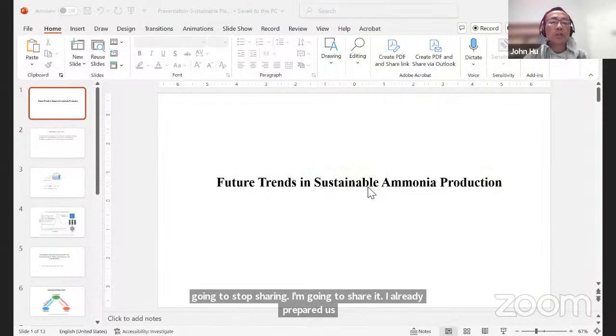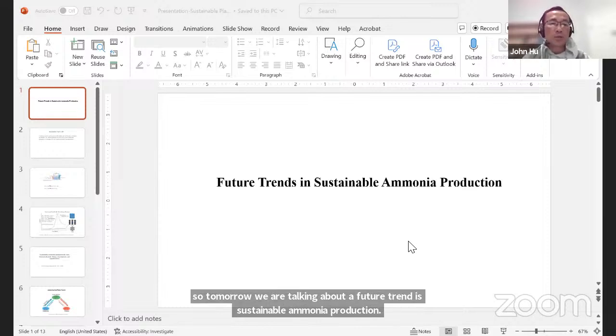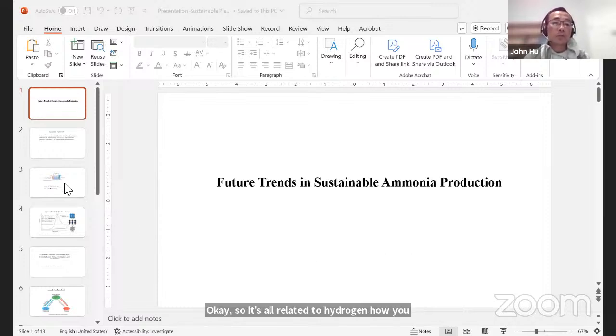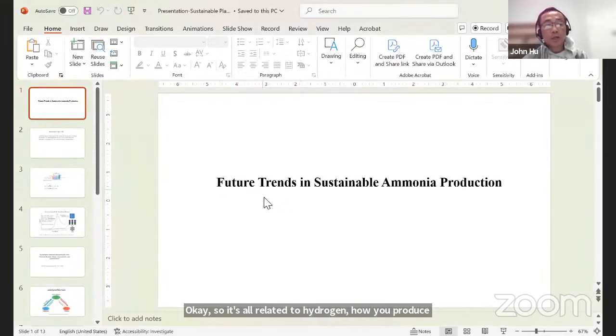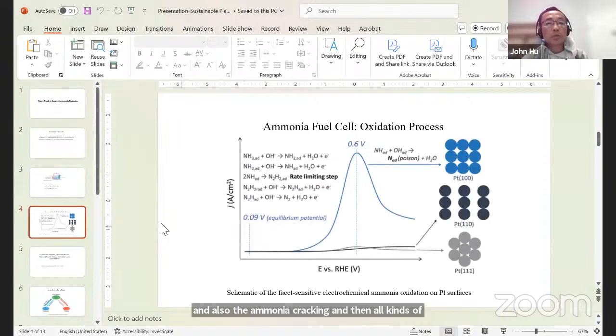So tomorrow we are going to talk about the future trend in sustainable ammonia production. It's all related to hydrogen, how you produce it. There'll be solid oxide fuel cell, and also ammonia cracking, and all kinds of things. That'll be tomorrow. But tomorrow there'll be 2 sessions.